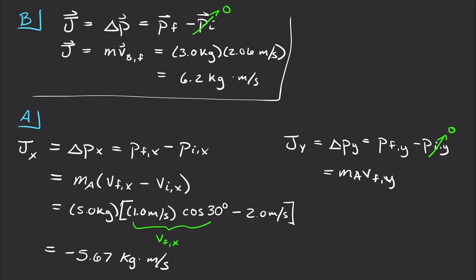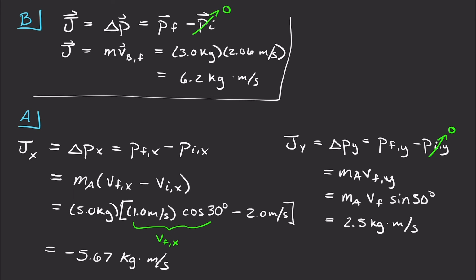Again, I'm dropping my subscripts on the velocity, but I know I'm talking about object A. You may want to be more careful about this if you're doing it on an exam. So mass A, and then the y component of the final velocity is going to be the final velocity of A times sine of 30 degrees. If we plug that in, we get 2.5 kilogram meters per second.